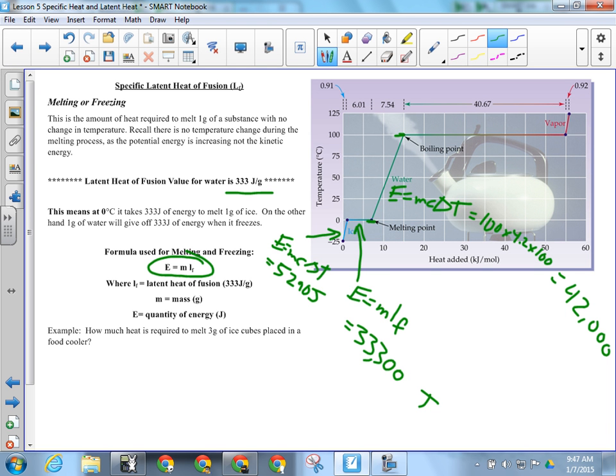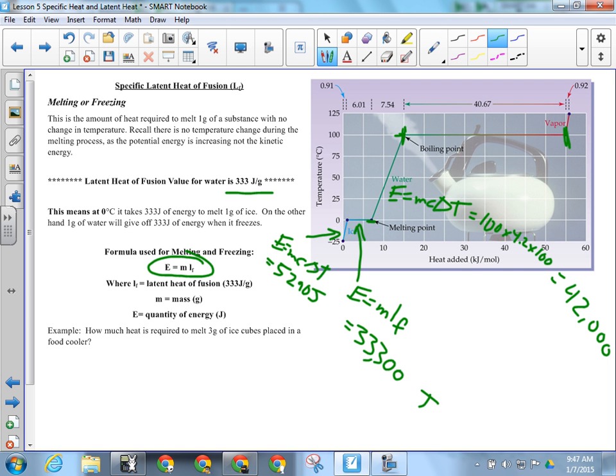Now I've got liquid water at 100 degrees Celsius, and it is probably at a rolling boil, the kind of boil where it's bubbling all over the place. It's boiling and boiling, but it's staying at 100 degrees Celsius. So now I'm in this section of the graph, changing liquid water into steam, or gaseous water.